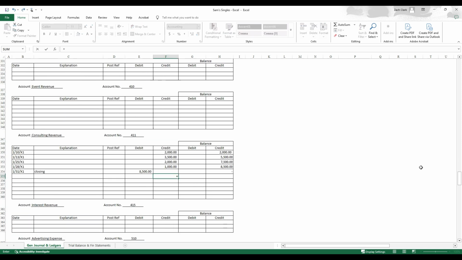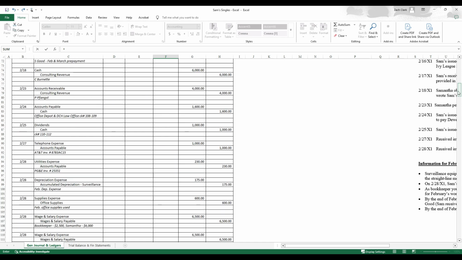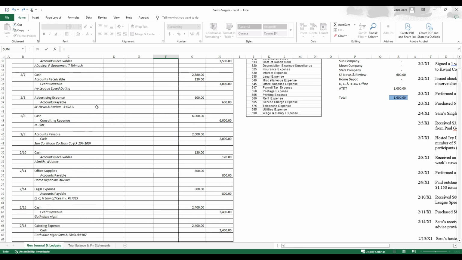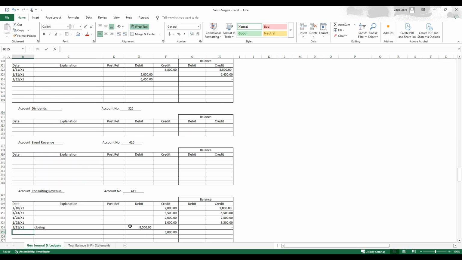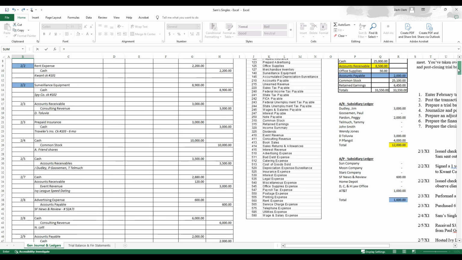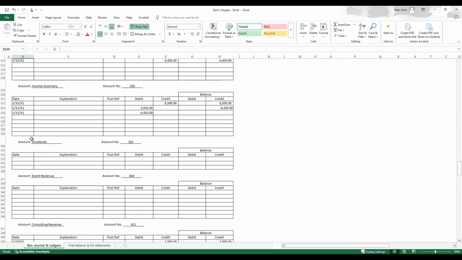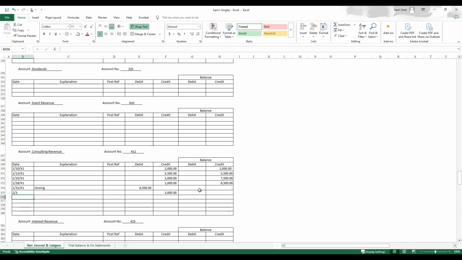So consulting revenue, $3,000, with a date of the 3rd. And again, revenue is another one that closes out to 0. So we have a $0 balance when we start, which we should. Then we're just going to start accumulating revenues and expenses again from that point forward.